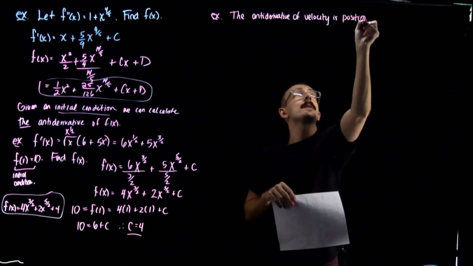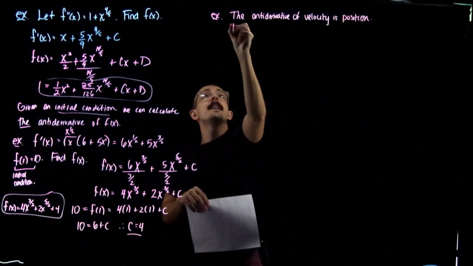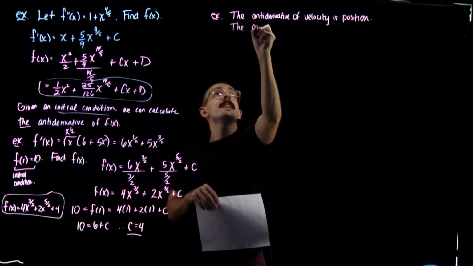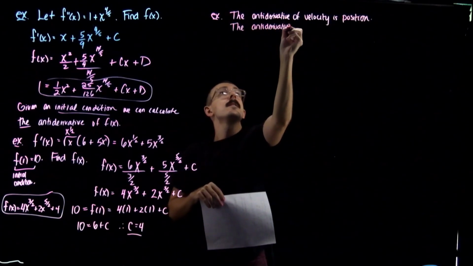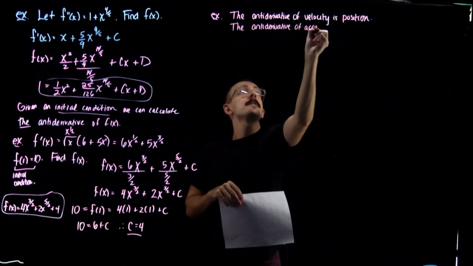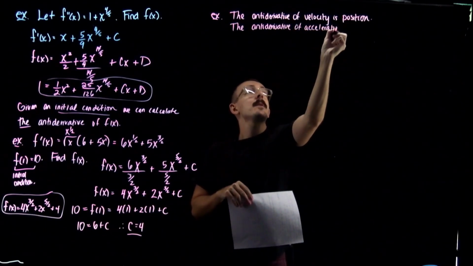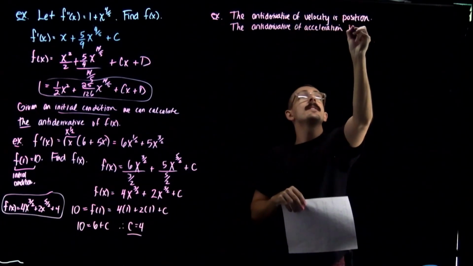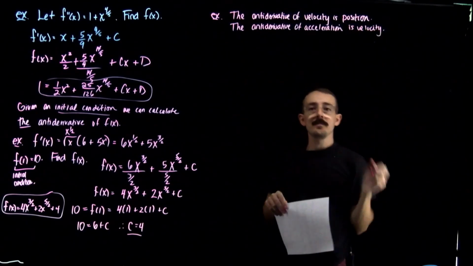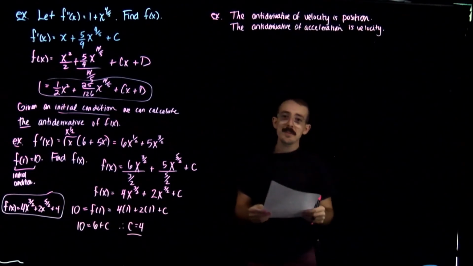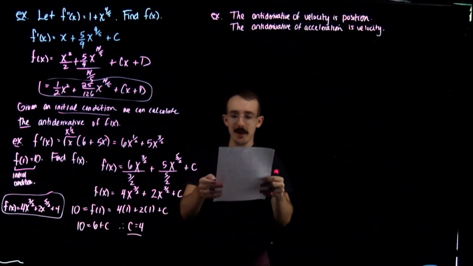Remember, just think about this as going backwards. And then the antiderivative of acceleration, so if you go backwards 1, that's a velocity. OK, so we're going to use this, and we're going to do a few example problems.